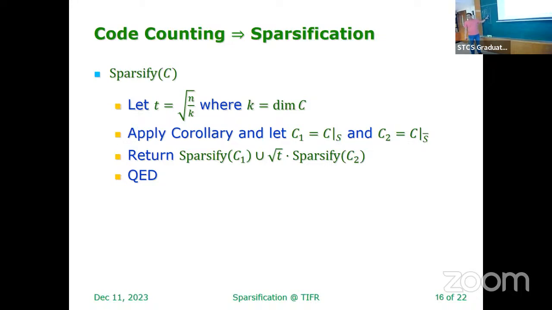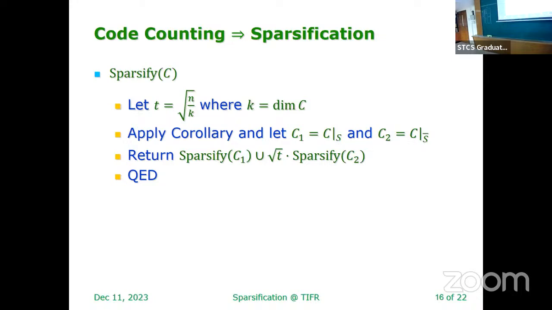The good sparsification is not good enough to get a final bound. This code is not good enough to get a final bound. We cannot sample k to the 3/2, but we can recurse. And in the next iteration, we will have k to the 5/4 over here and so on. So we can keep recursing on this thing and we eventually get the bound. So all codes can be sparsified pretty much exactly the same way we were sparsifying graphs. Nothing really changed. We just did the same divide and conquer.